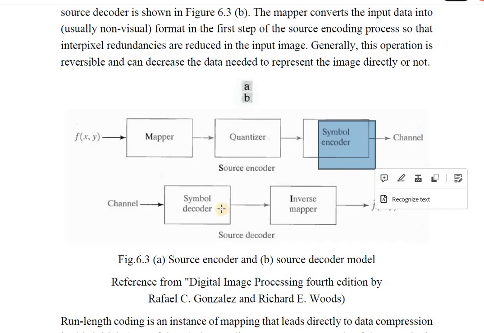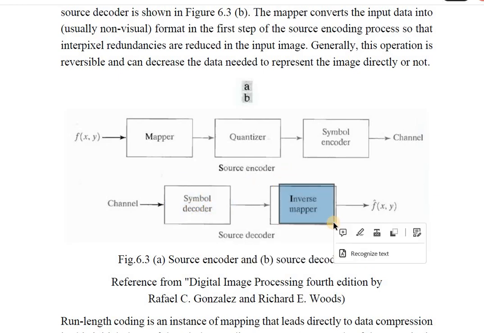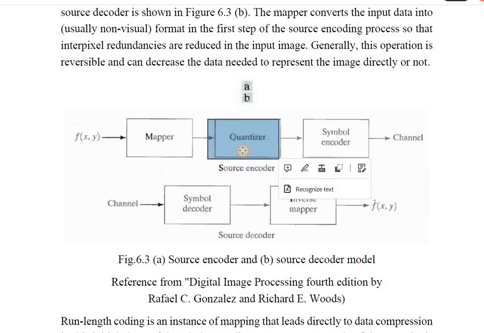Symbol encoder. While decoding, which will be the first block? Symbol decoder. The output of the symbol decoder will go to the inverse mapper. The inverse mapper is the inverse operation for which block? The first block. What about the second block, the quantizer? We don't have anything for the quantizer in the decoding process, because whatever happens at the quantizer is permanent and cannot be reversed.